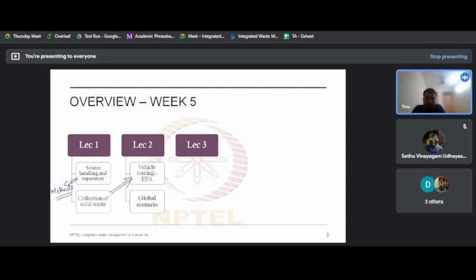The third lecture was concerned with how to check the feasibility of transfer stations. A transfer station is basically used to reduce the cost of transportation. If we have one truck T1, another truck T2, another truck T3, instead of all of them going to a landfill and depositing the waste there, if the landfill is very far there will be transportation costs for three trucks.